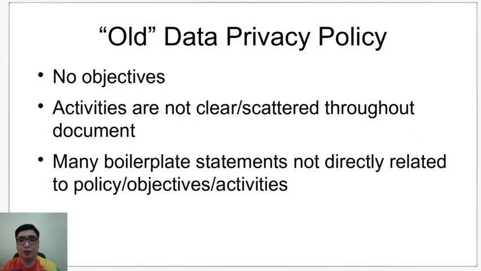So in our old data privacy policy, we have no objective stated. The activities for data privacy are not clear or are scattered throughout the document. And there are many boilerplate statements that are not directly related to policy, objectives, or activities.